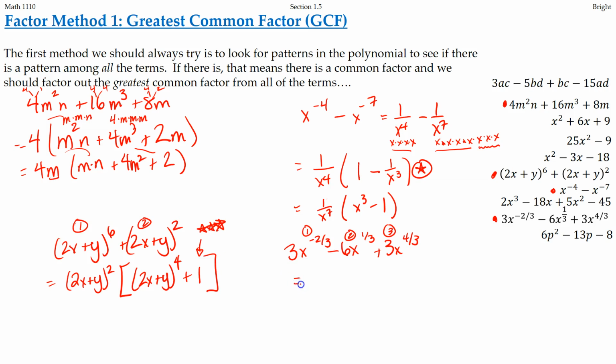This next one is kind of another challenging one. You would take out a 3 for sure, and again, it kind of depends on your perspective. An expert would probably take out 3x to the minus 3/2, and then what we would be left with is 1 minus 2x plus x squared.